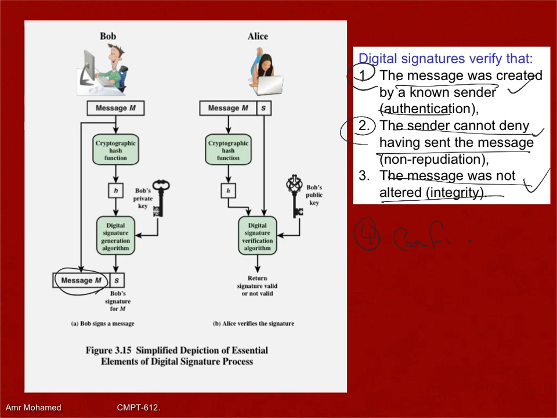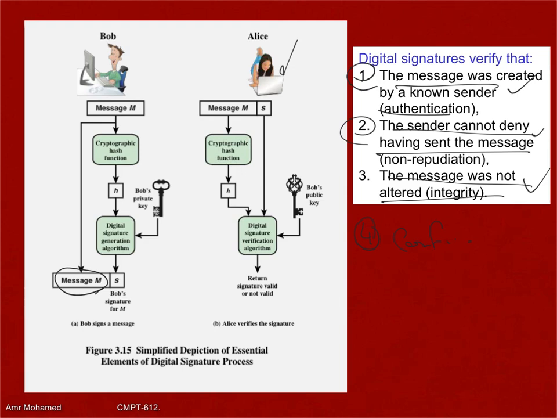So DSS is done for message authentication and for non-repudiation, because when Bob uses his own private key to stamp the hash and sends it over, later on, let's say Alice is a bank, and Alice will take this and, based on that, transfer $1 million to another account or something like this.